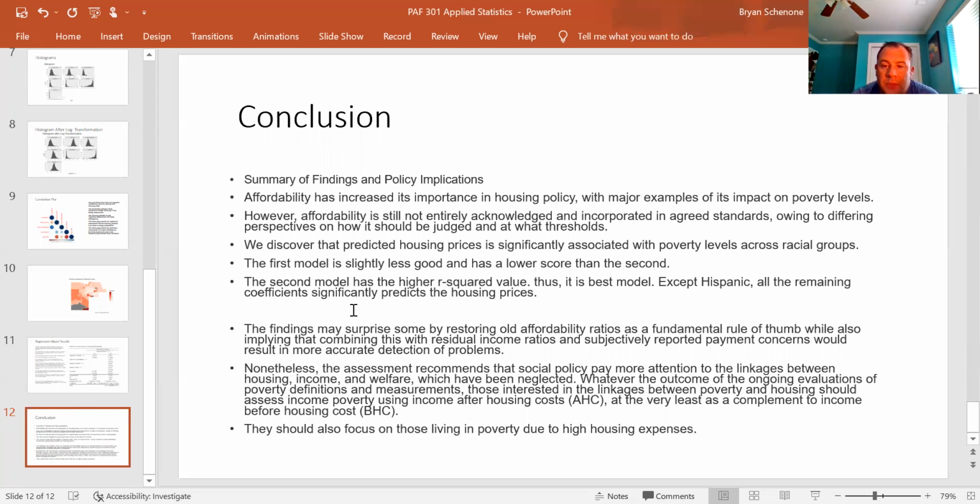Whatever the outcome, in the evaluation of the poverty definition by measurements, those interested in the linkages between poverty and housing should assess income poverty using after housing costs, and at the very least as a complement to before housing costs. They should also focus on those living in poverty due to high housing expenses.